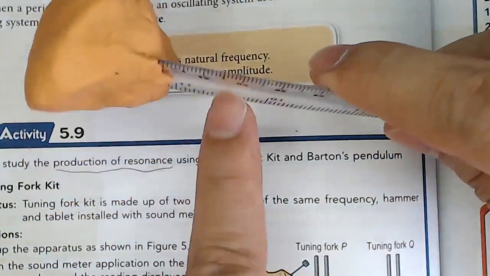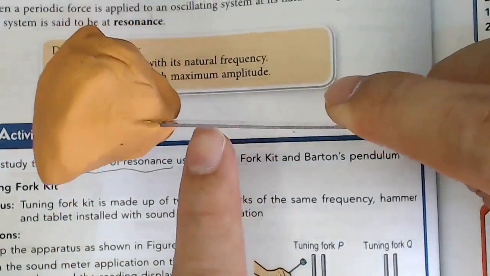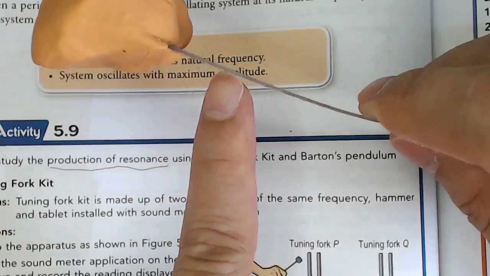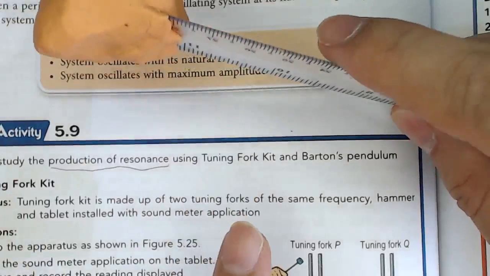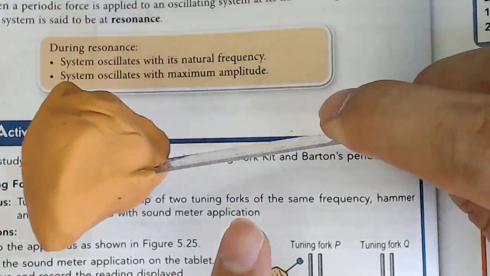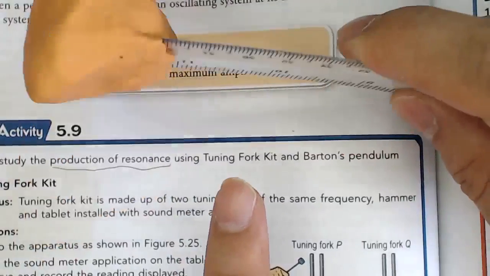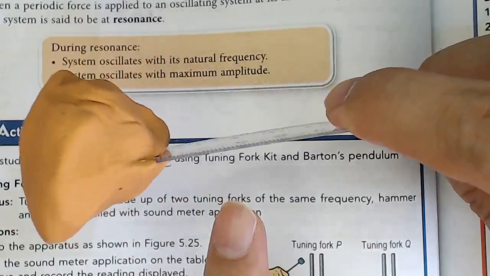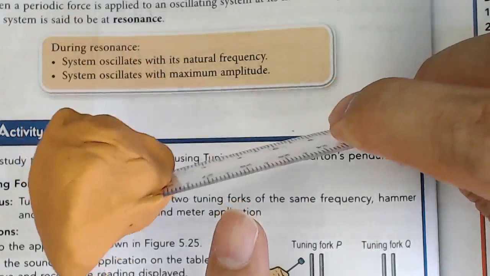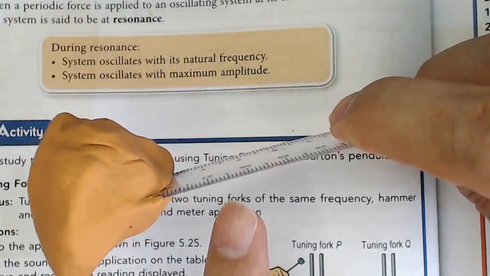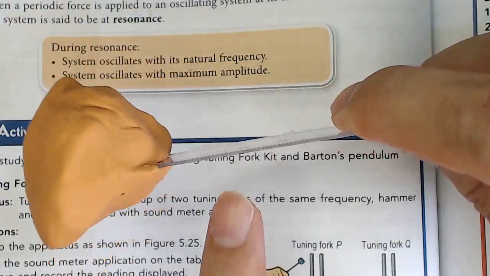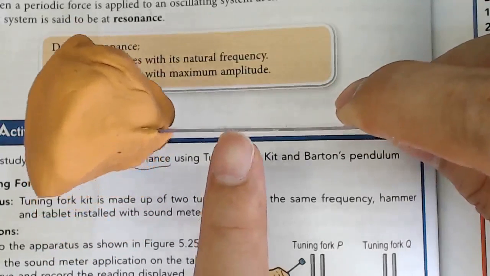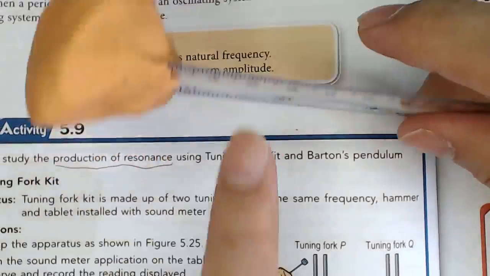And then the amplitude keeps increasing back to its maximum amplitude, and then it will swing back to me. When it comes to me, I don't push it. When it's about to leave me, then it is a good time to push it back, like that.